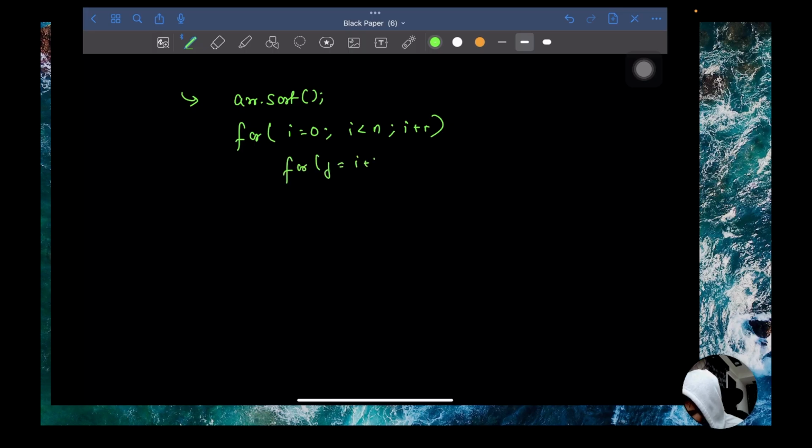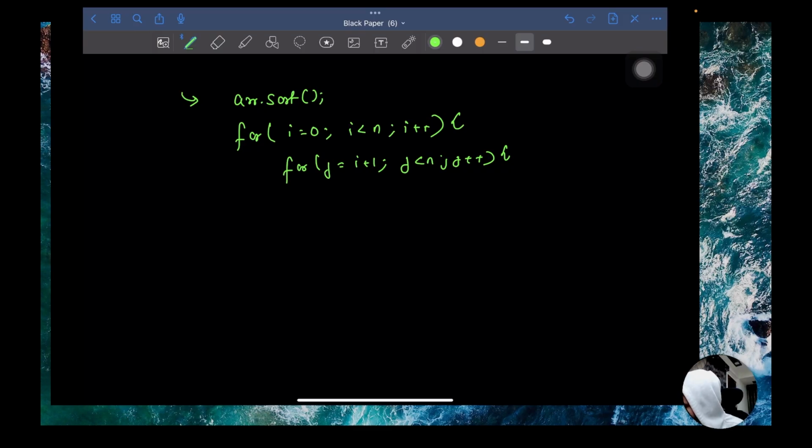So I'm assuming that you will do somehow arr dot sort. Okay. And then you will do for i equals to 0, i less than n, i plus plus. For j equals to i plus 1, j less than n, j plus plus. Okay.